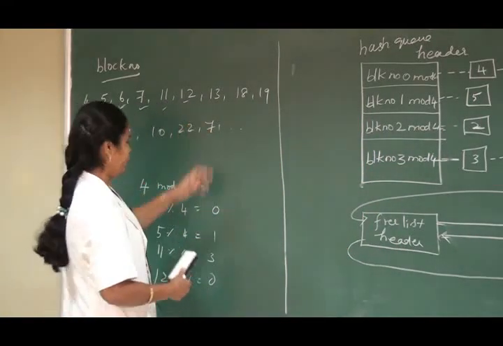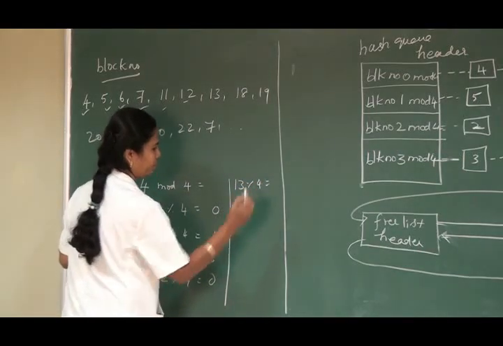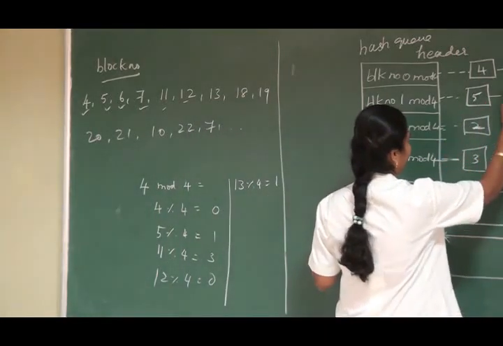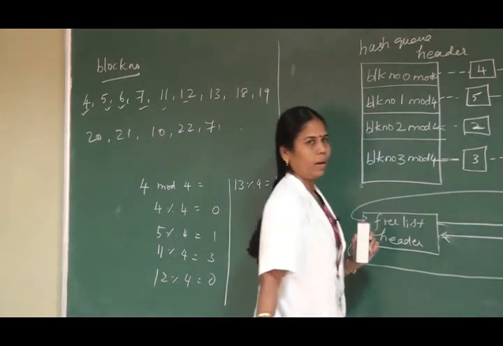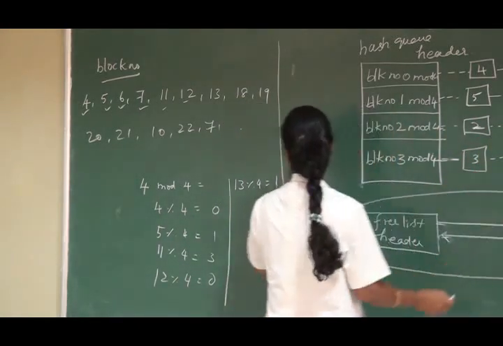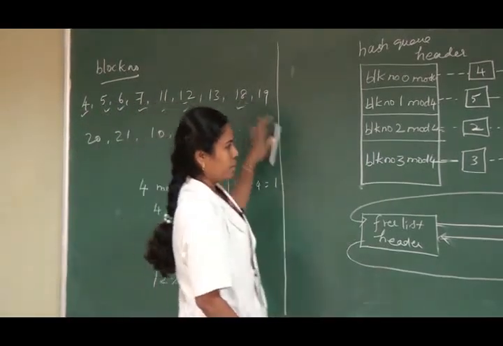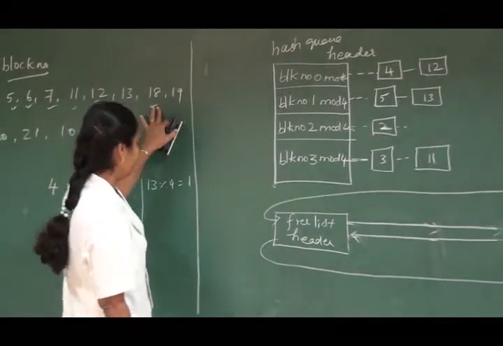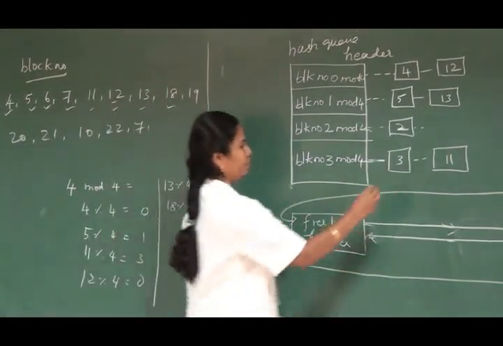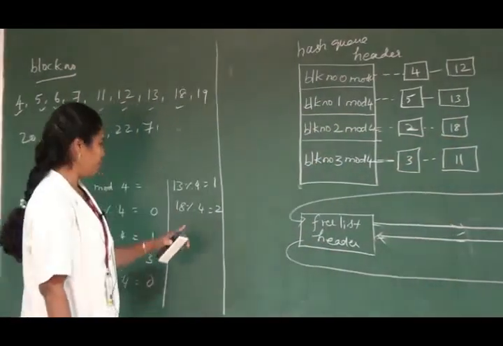And then 13 mod 4 is 1, and allocate in the hash queue 1. Then 18. Okay, so remove a buffer and then allocate 18. 18 mod 4 is 2. So allocate here in hash queue 2.